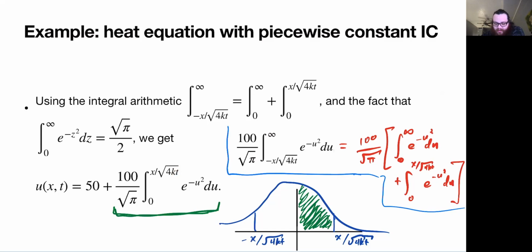So as t goes to infinity, this integral, we're going to be kind of getting this area, and then computing this area, etc. So this term here is going to go to 0 as t goes to infinity. And so as t goes to infinity, the limiting temperature will just be a constant 50.